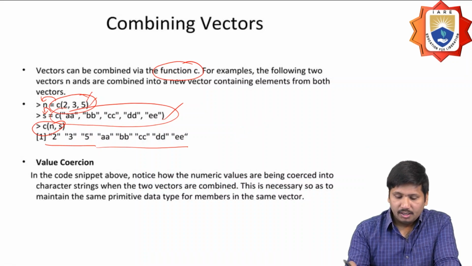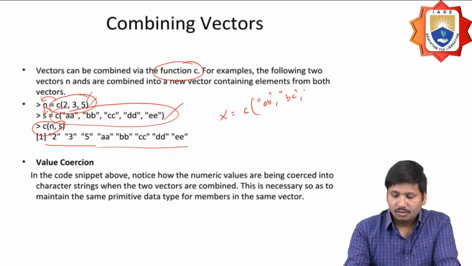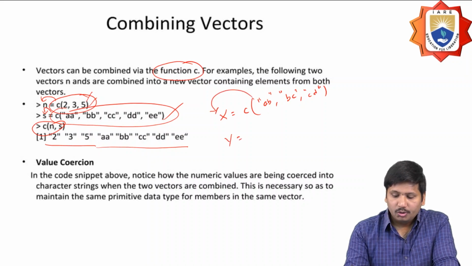Let's take another example: x is equal to c of a, b, c, d. This is one vector I'm going to assign to x, and another vector I'm going to take is y.